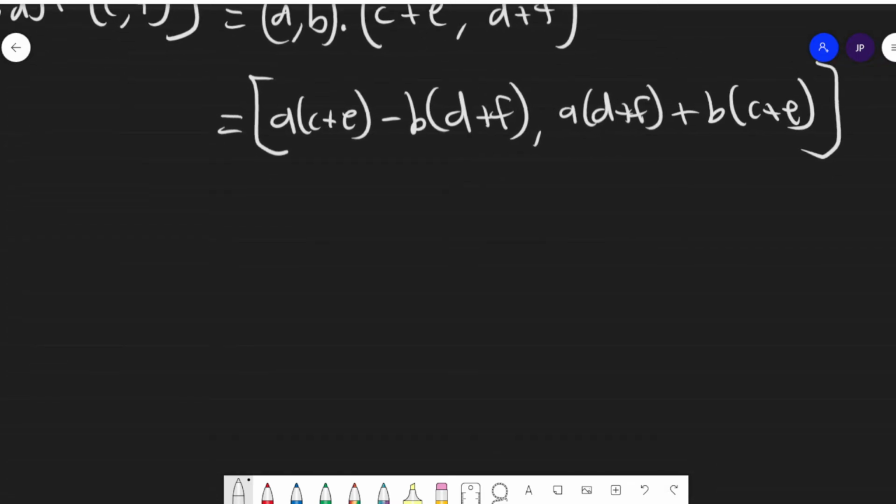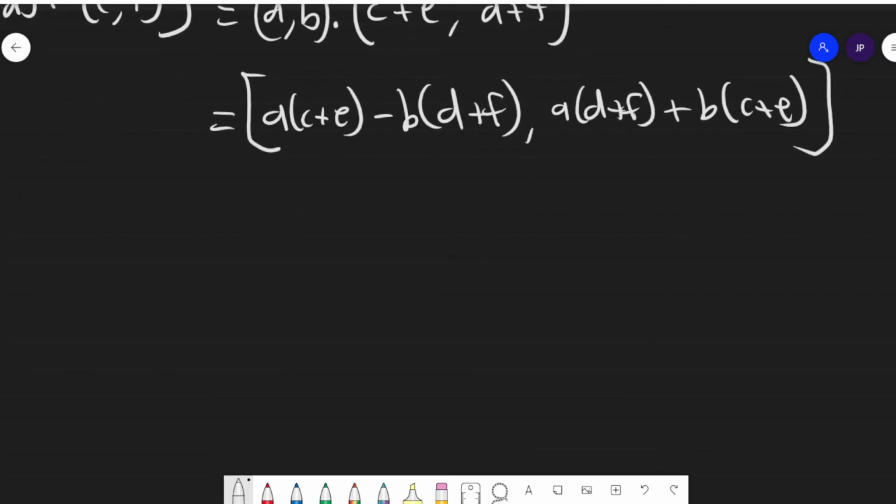So now we can multiply this out, and then again group it in such a way to get the desired result. So we'll group it differently.